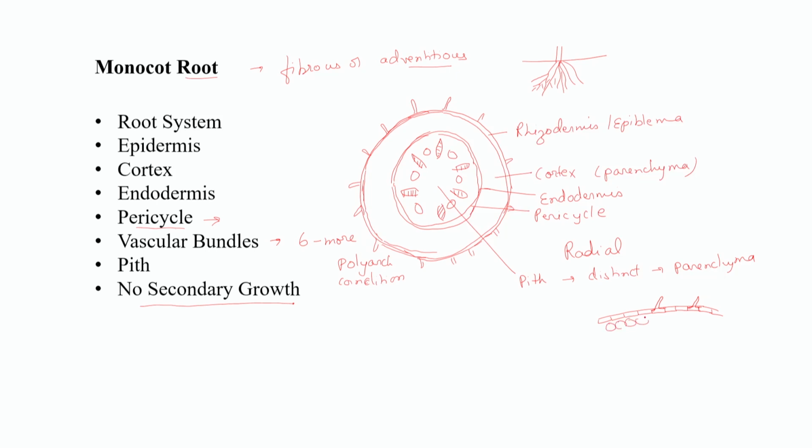Then you will have parenchymatous cortex, and then you will have endodermis, which will be made up of barrel shaped cells and containing Casparian strip.